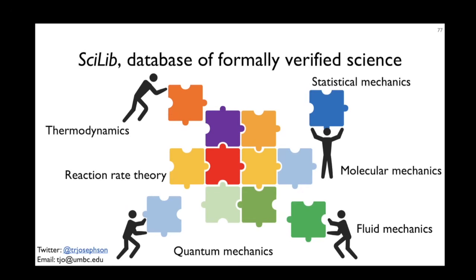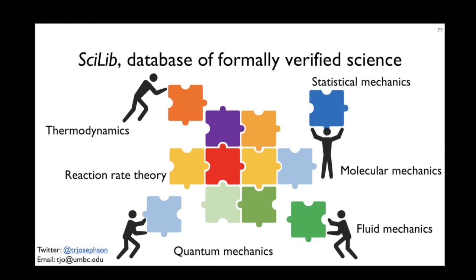A neat paper I saw talked about seeing physics not as a tree, so to speak, where you define everything at the root and then all of physics grows out of that, but instead as a collection of proofs.